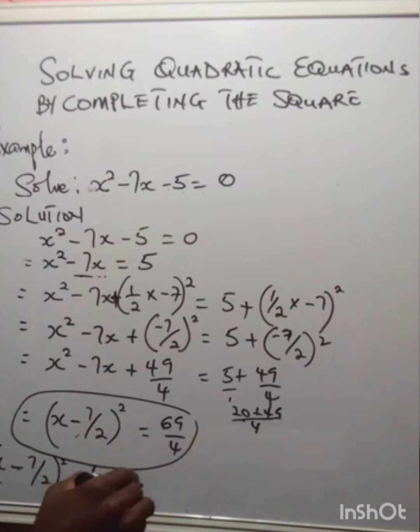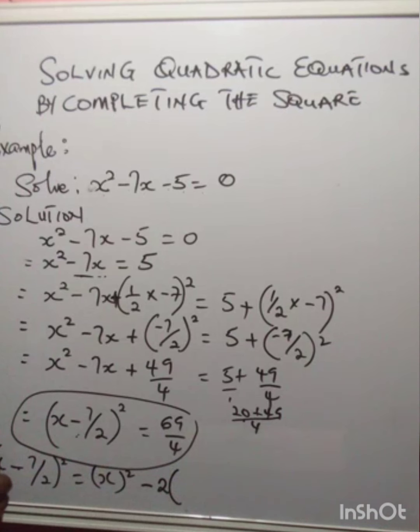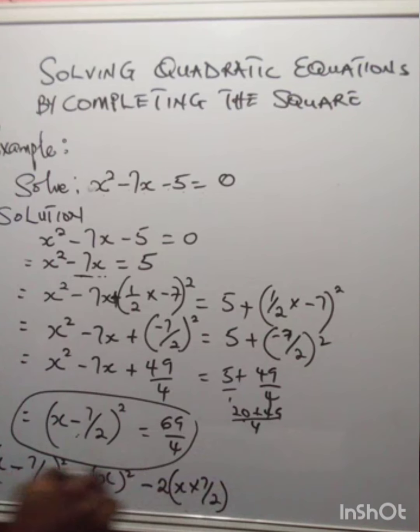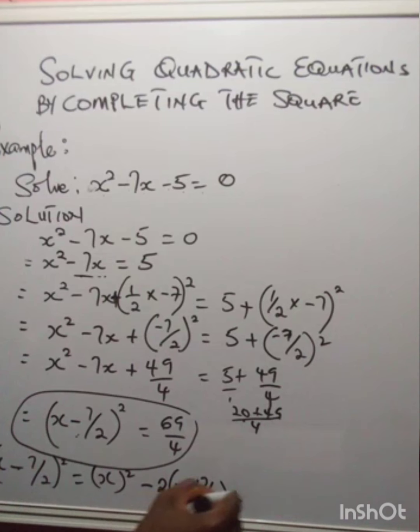We have a minus sign here, minus. We have a constant 2 that multiplies x and 7 over 2. That is x times 7 over 2. And then we have the last term, minus 7 over 2, which we square. That is 49 over 4.